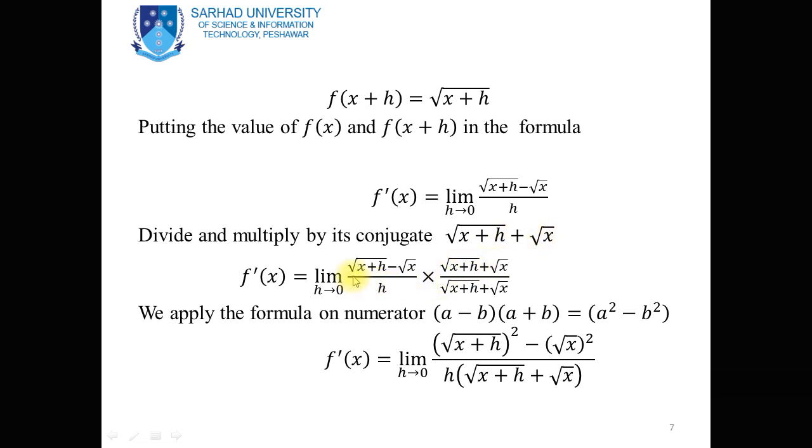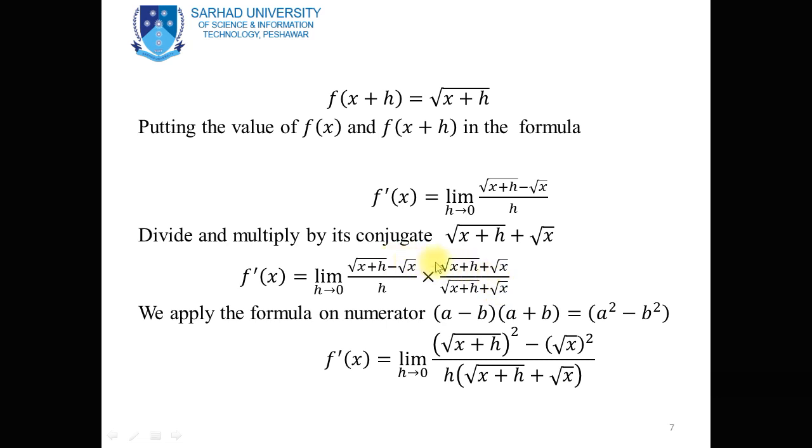When you see over here, f prime at x, the derivative of the function at x, is equal to limit h tends to 0 of under root x plus h minus under root x divided by h. Now dividing and multiplying by the conjugate, under root x plus h plus under root x, divided by under root x plus h plus under root x.